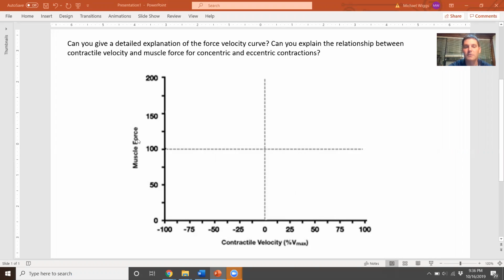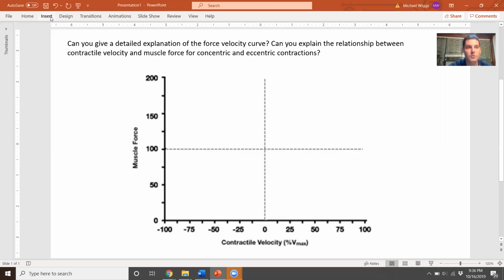In other words, if the force you must produce is low, we can do that at a really high velocity. On the other end of the spectrum, if we think about something like a 1 rep max, this is, of course, going to be a high amount of force, close to 100% of your muscle force. And in that situation, your velocity is very, very slow.